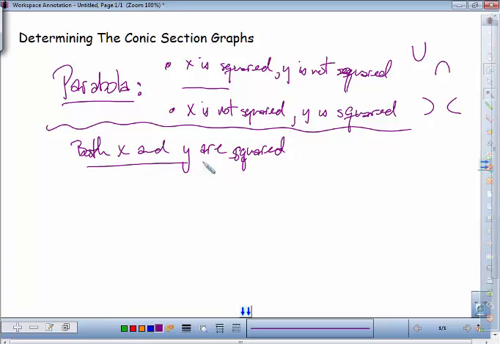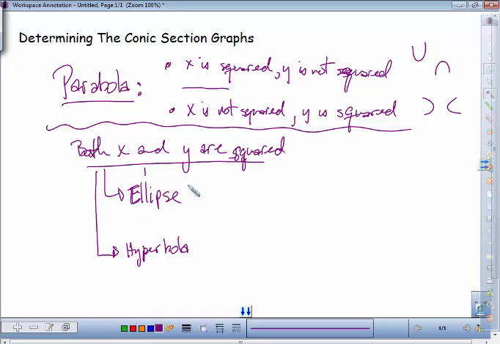So when both x and y are squared, you either have an ellipse or a hyperbola. Or really, a circle. I'll put that under ellipse.